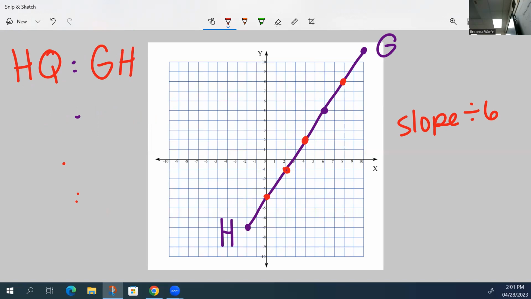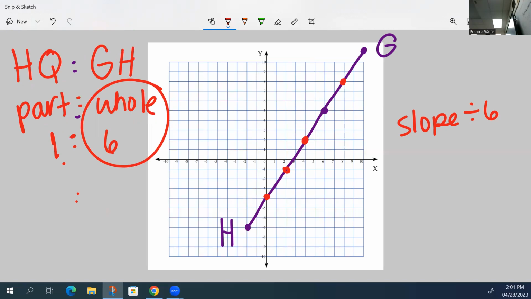So HQ is part, and then once again, GH is whole. So when it's saying 1 to 6, that means we're breaking into 6 whole parts, which is why we want to divide it by 6. And then starting at H, we want one of those parts. So Q is going to be right here at 0, -4.